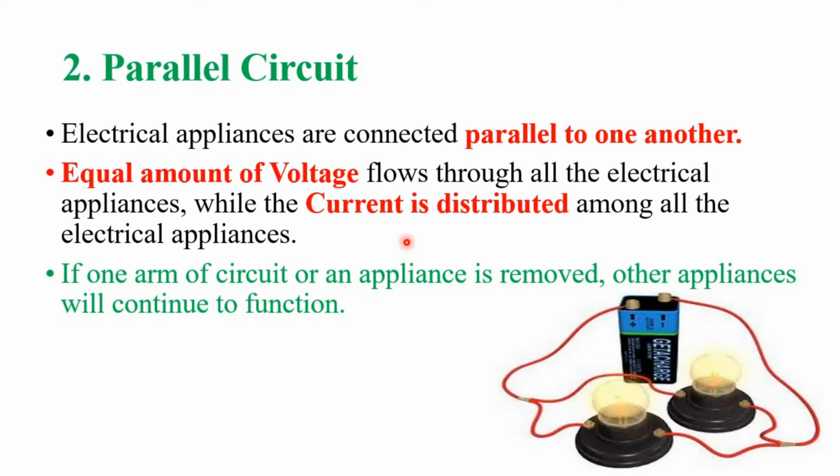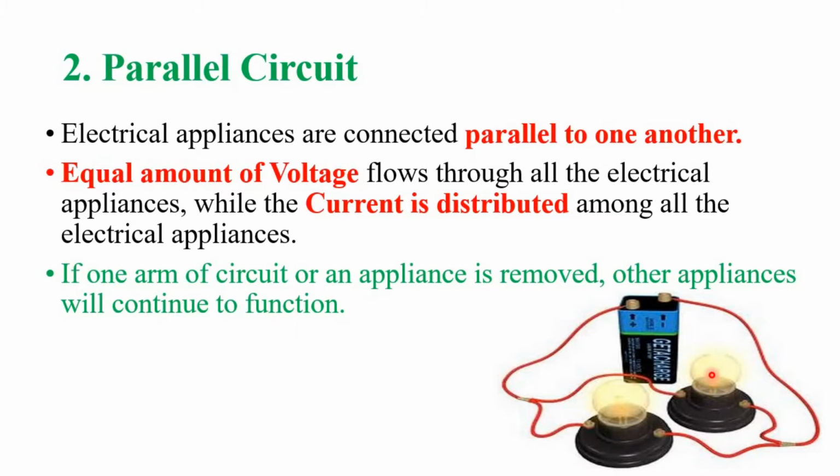Secondly, the parallel circuits. In a parallel circuit, the electrical appliances are connected parallel to one another, like this. They are not connected in series. They are connected parallel to each other. In a parallel circuit, an equal amount of voltage is applied to all the electrical appliances.